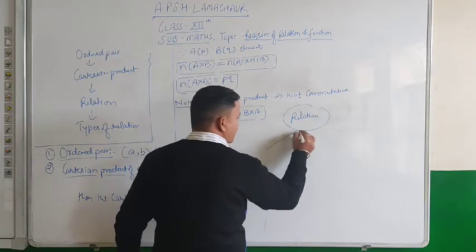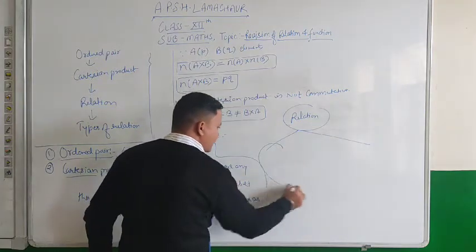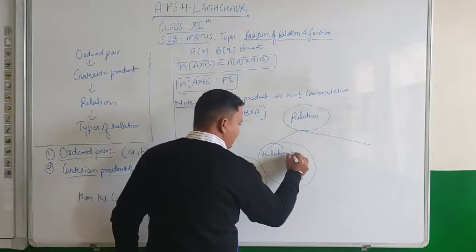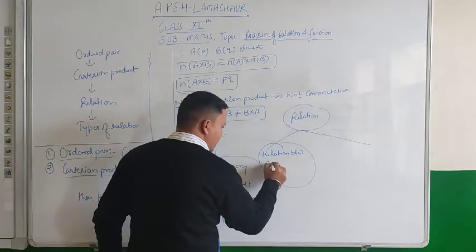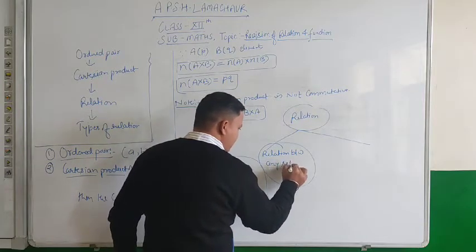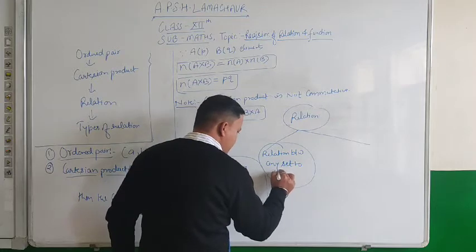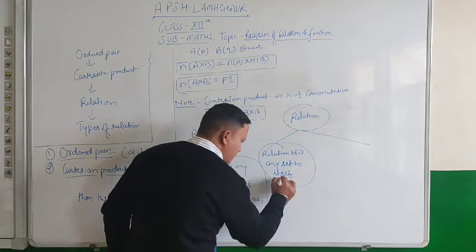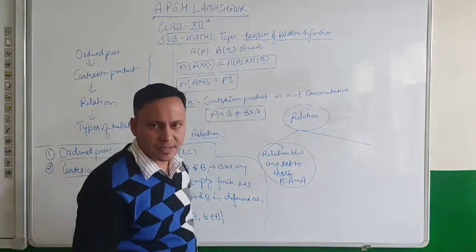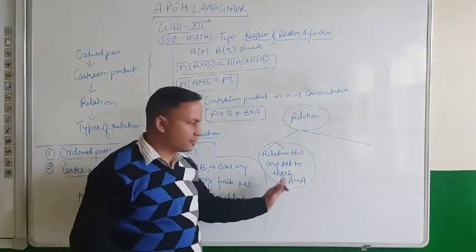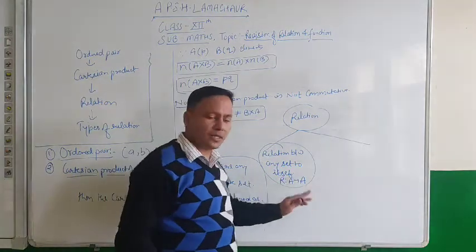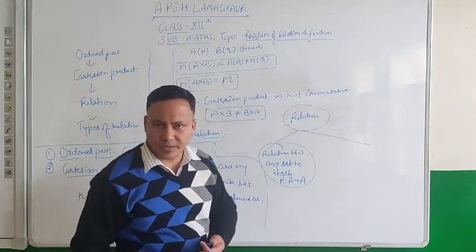The very first case: relation from a set to itself, like R defined from A to A. Let A be any non-empty finite set, then we are interested to define the relation between the elements of set A and itself. That is, we want to develop a relation of A with A itself.